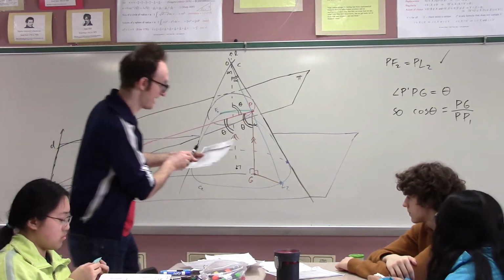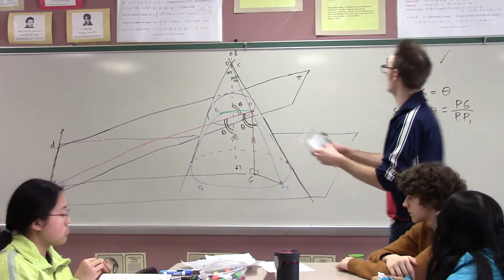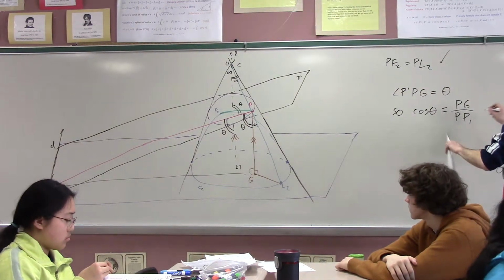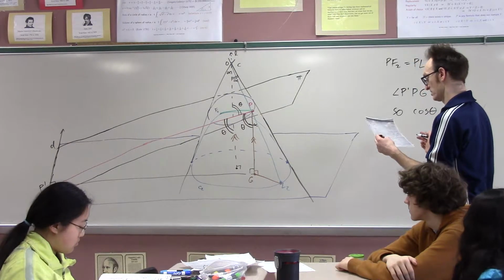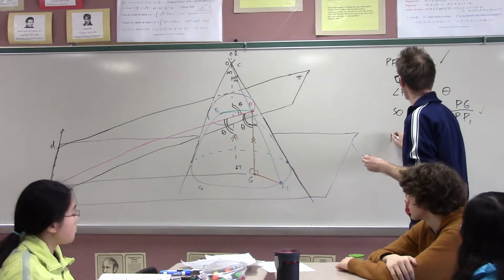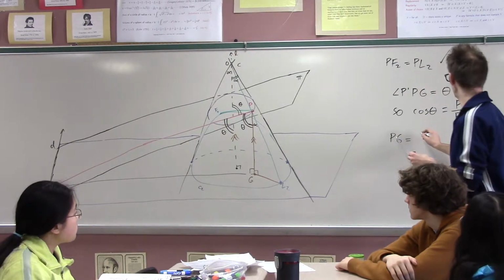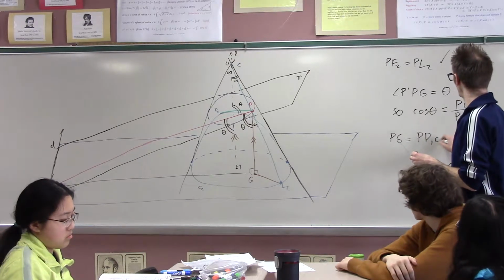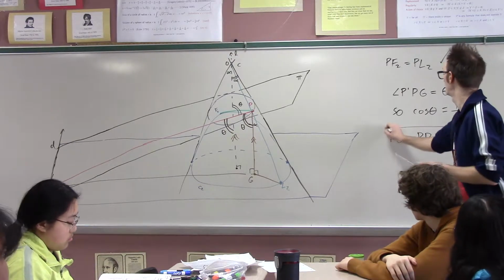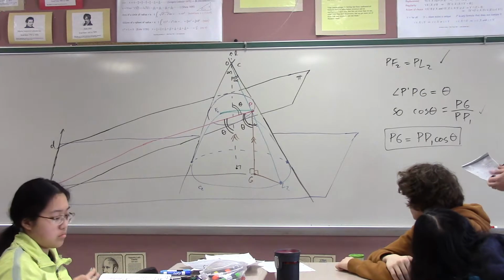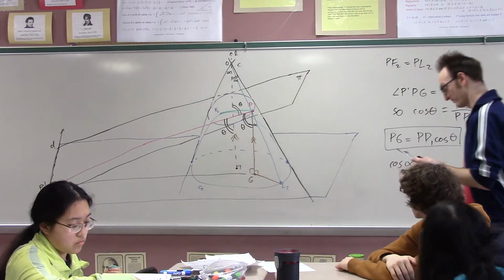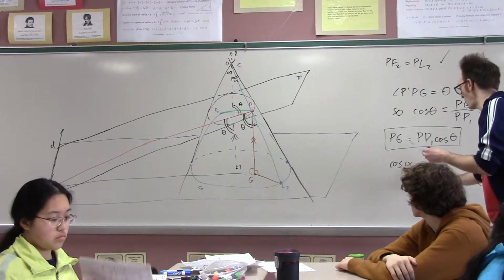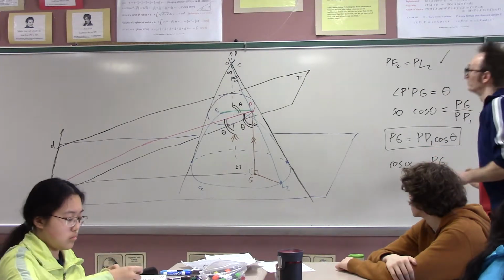And now, one more thing. Therefore I get that PG is PP prime cosine theta. Put that in a box. Next, cosine alpha is PG over PL2.